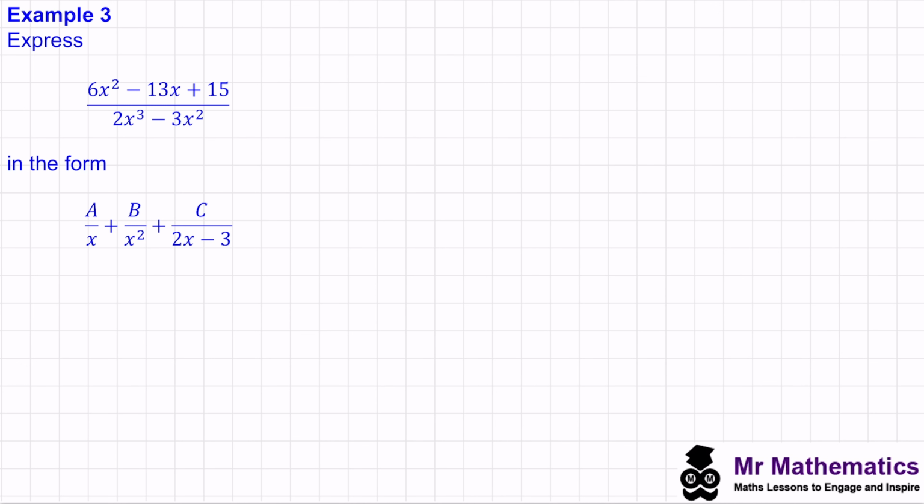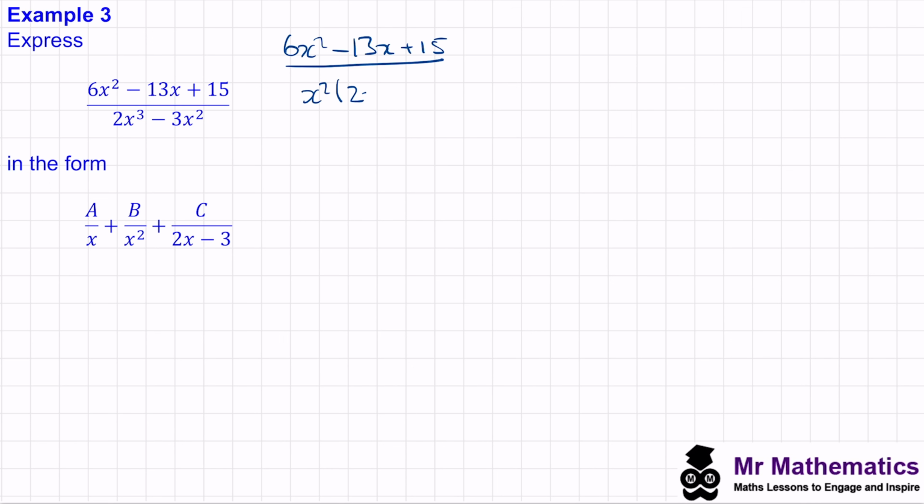Okay, so for example 3, we've been asked to express this fraction in partial fraction form. So the first thing we need to do is to factorize out this denominator. So we can write this fraction as 6x squared minus 13x plus 15. And when we factorize this denominator, we'll take out the x squared from both.